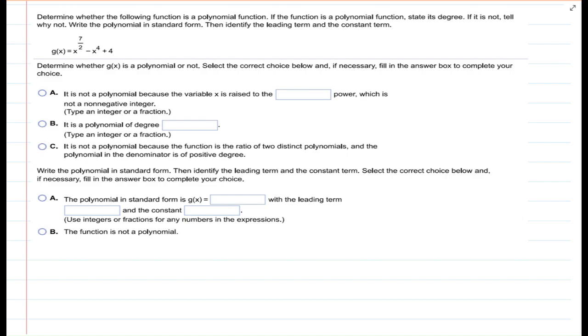Because degree of this function is 4, you may write it as negative x to the power 4 plus x to the power 7/2 plus 4. What is the leading coefficient here? It is -1, and the constant is positive 4.